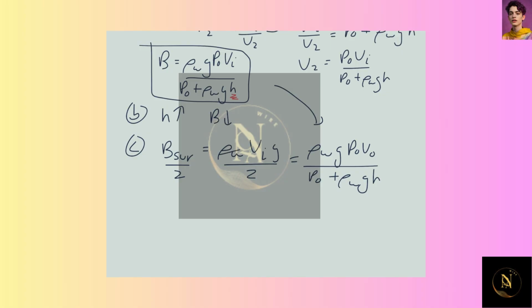Right off the bat, we can cancel a handful of terms. Oh, this is supposed to be V1, excuse me, but we can cancel that out anyway. And we are left with 1/2 is equal to P naught over P naught plus rho W g h.